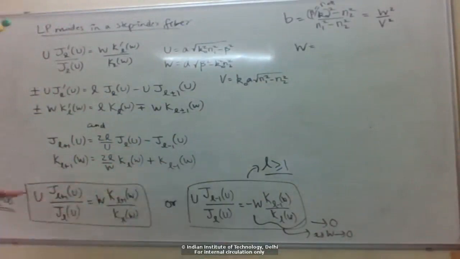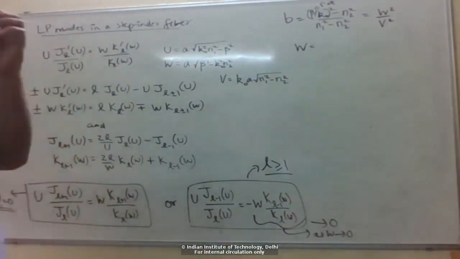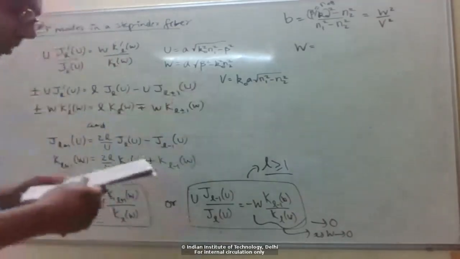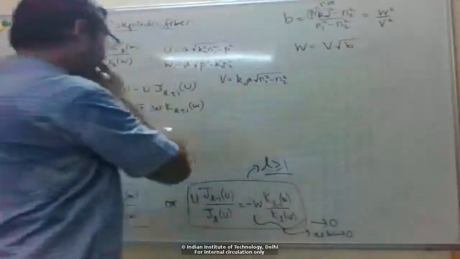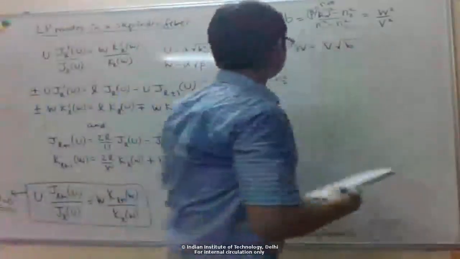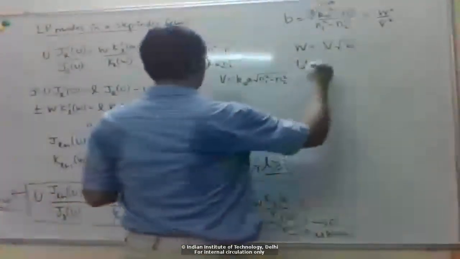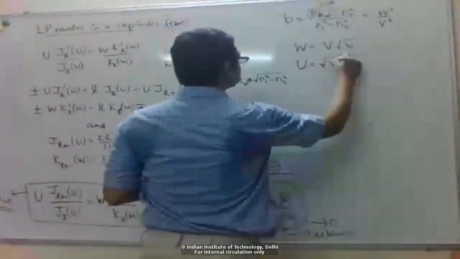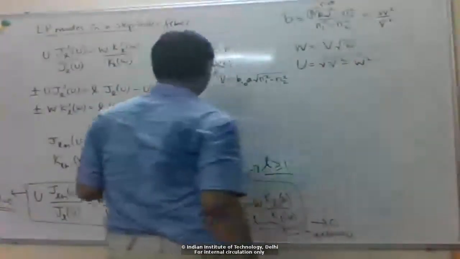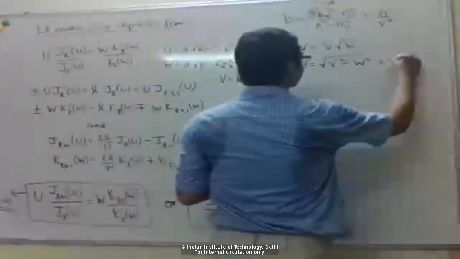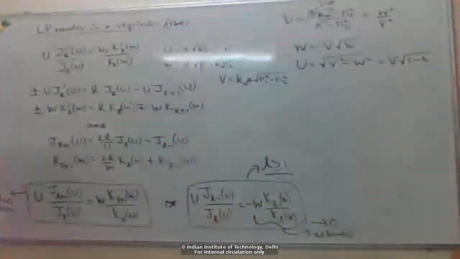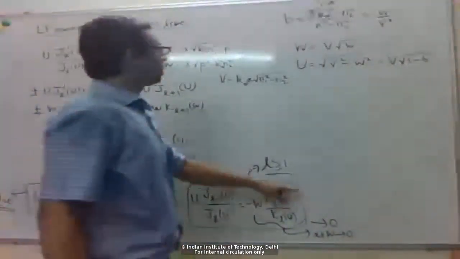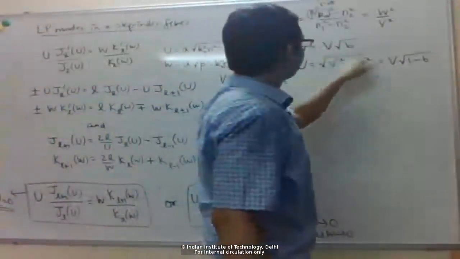You can use them for any fiber, because they are in terms of the normalized parameters. W is V times square root of b, and U we write as square root of V squared minus W squared, which is V times square root of 1 minus b. So here basically U and W we can replace in terms of V and b.